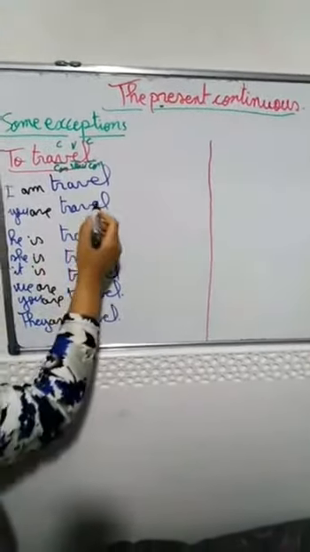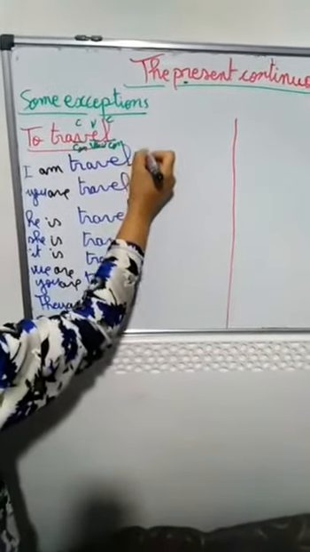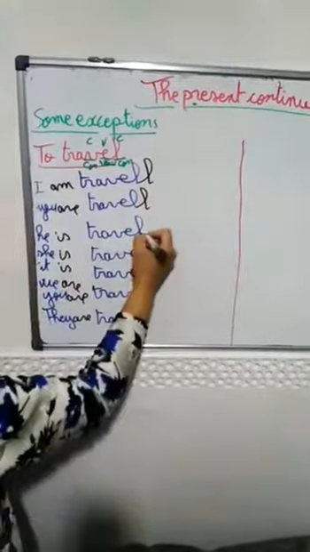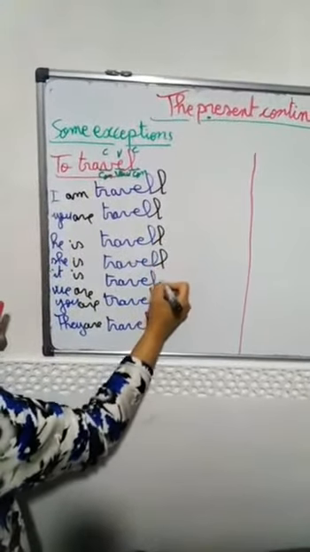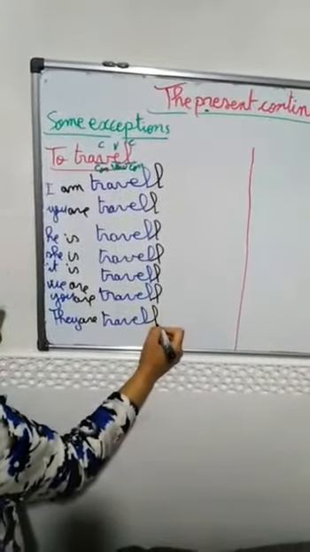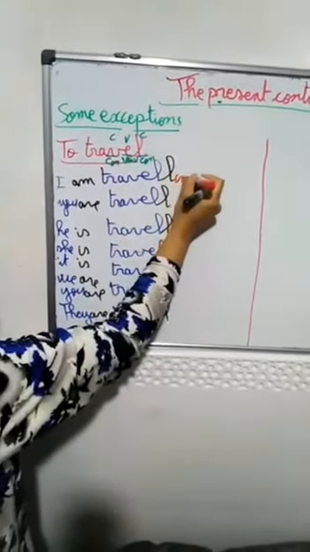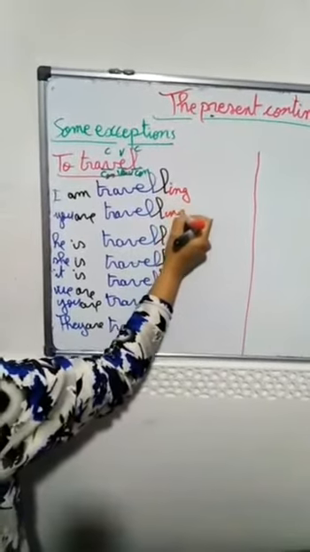The only thing, the bit change that we have is that we have to double the last consonant. Okay? We have to double the last consonant before adding what? The ing form. Is this clear?